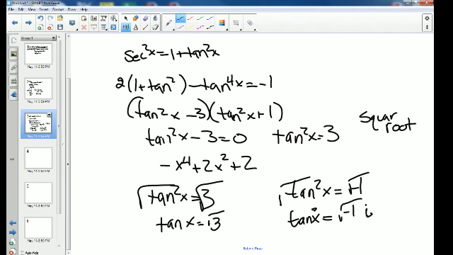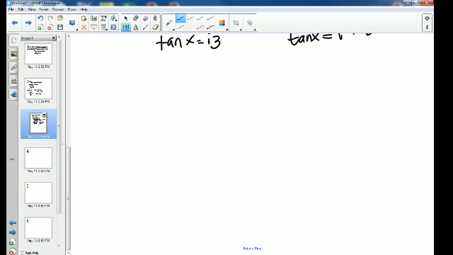The real solutions are x equals pi over 3 plus pi k, or negative pi over 3 plus pi k, because when you square root it, it's plus or minus, where k equals any integer.